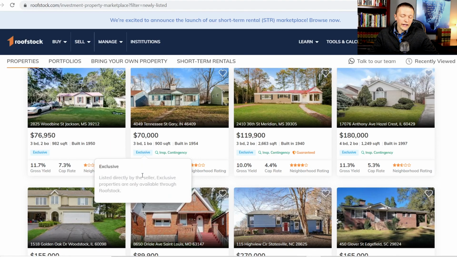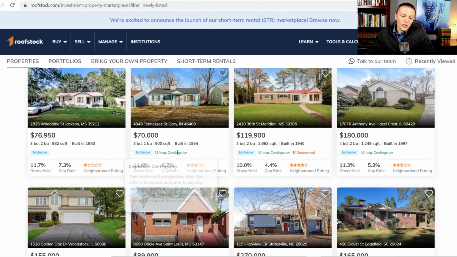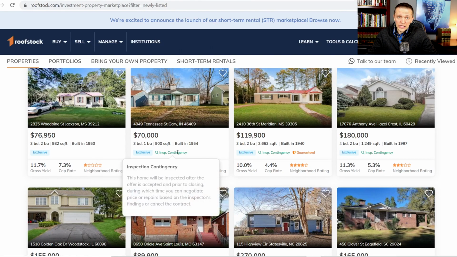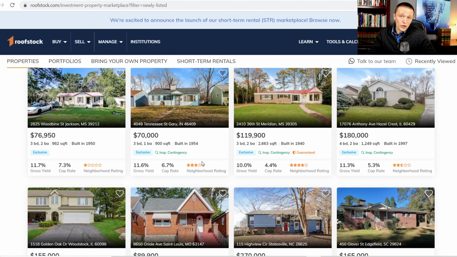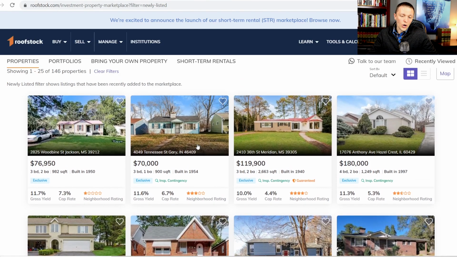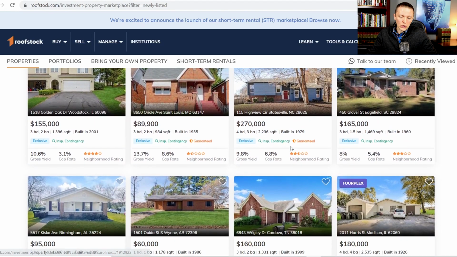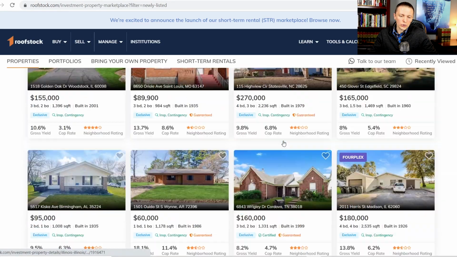So this is only available on the Roofstock's platform. You can also see that it has the inspection contingency. So an inspection hasn't been done on this property yet, but you will have the opportunity to do an inspection. So you can also see that the neighborhood rating here is 3 out of 5 stars. Its cap rate is 6.7%, and its gross yield is 11.6%. So that is what it looks like when you click on newly listed.